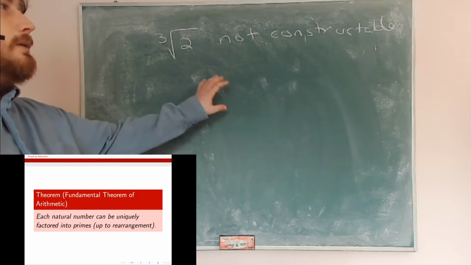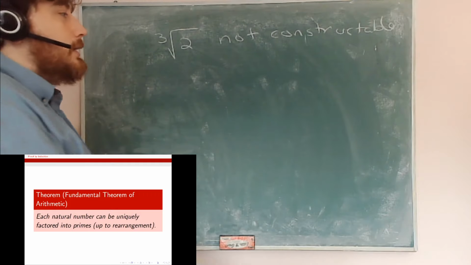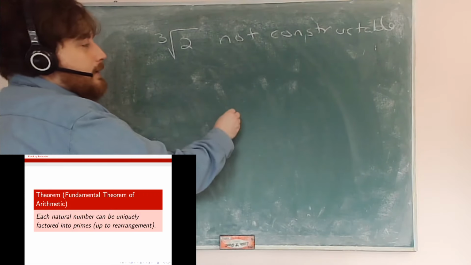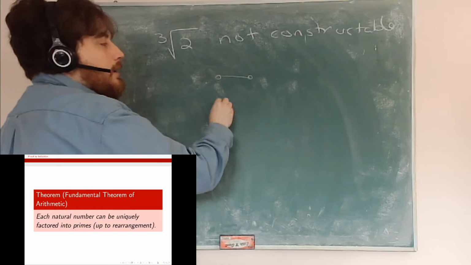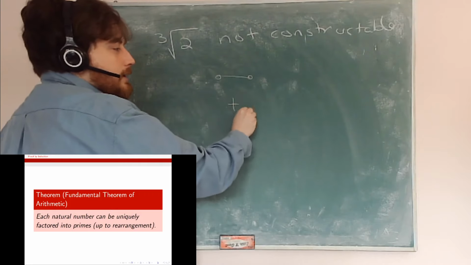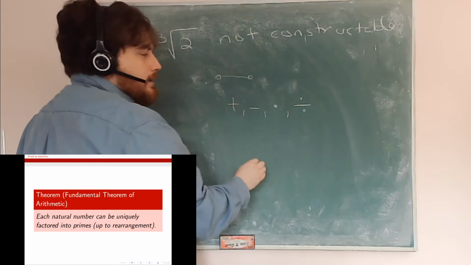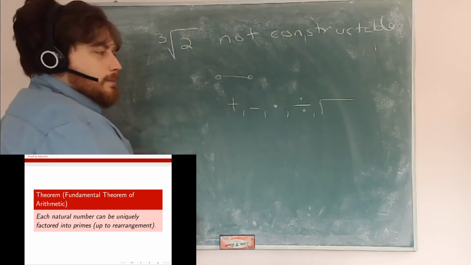Now, to skip over a lot of this, but if you take modern geometry, you can go through and find all this. The idea is that using straight edge and compass, I can find a number if, starting with 1, I can do things like add, subtract, multiply, divide by a non-zero number, and I can take square roots of non-negative numbers.